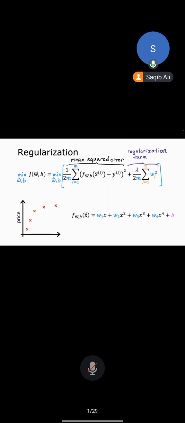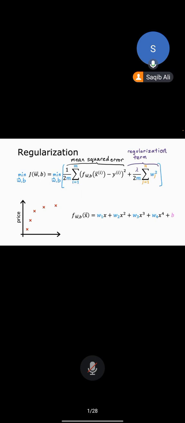So now our new cost function with regularization in the case of linear regression, because in the case of linear regression, our cost function is mean squared error. Squared error, like this, same, no difference at all. We added this term lambda by 2m, j is equal to 1 to n wj square.